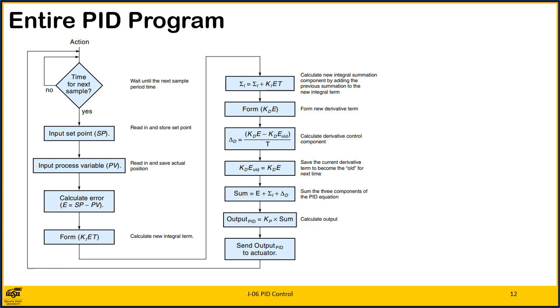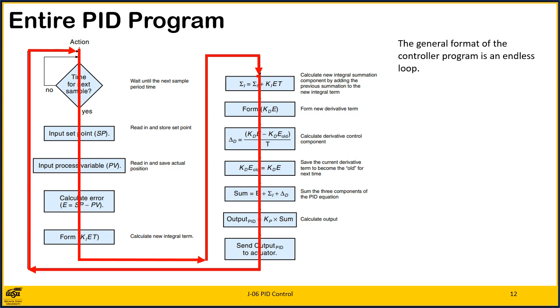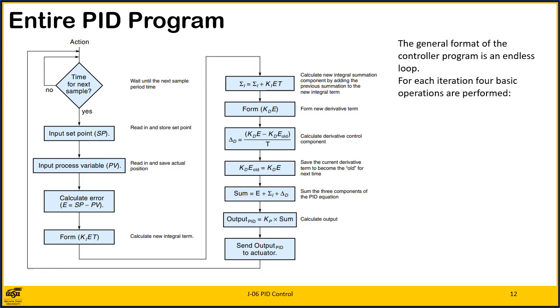Having shown how the individual terms of the PID equation can be computed, we can now put them together and present a flowchart of the entire program. As you can see, the general format of the controller program is an endless loop. For each pass through the loop, called an iteration or scan, 4 basic operations are performed.